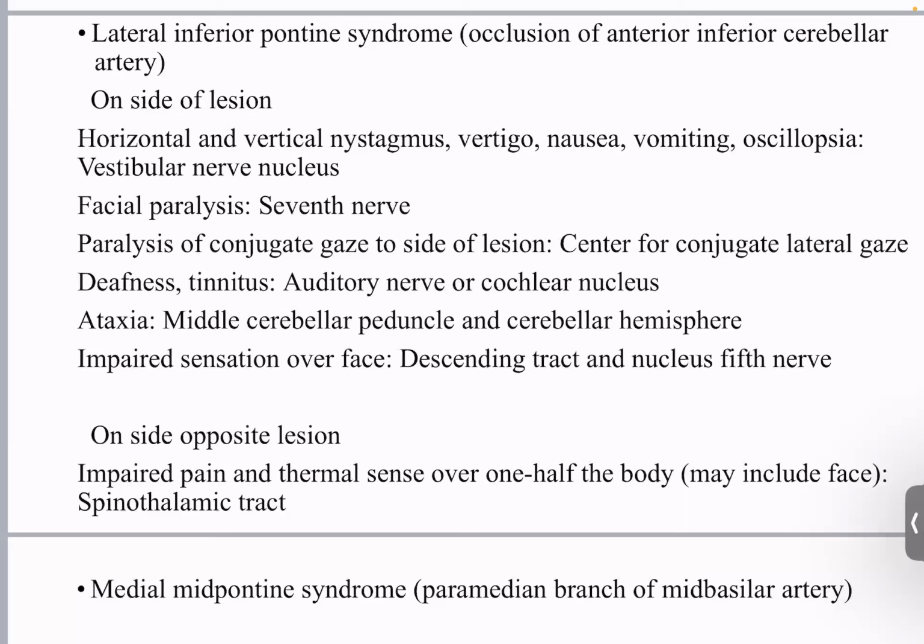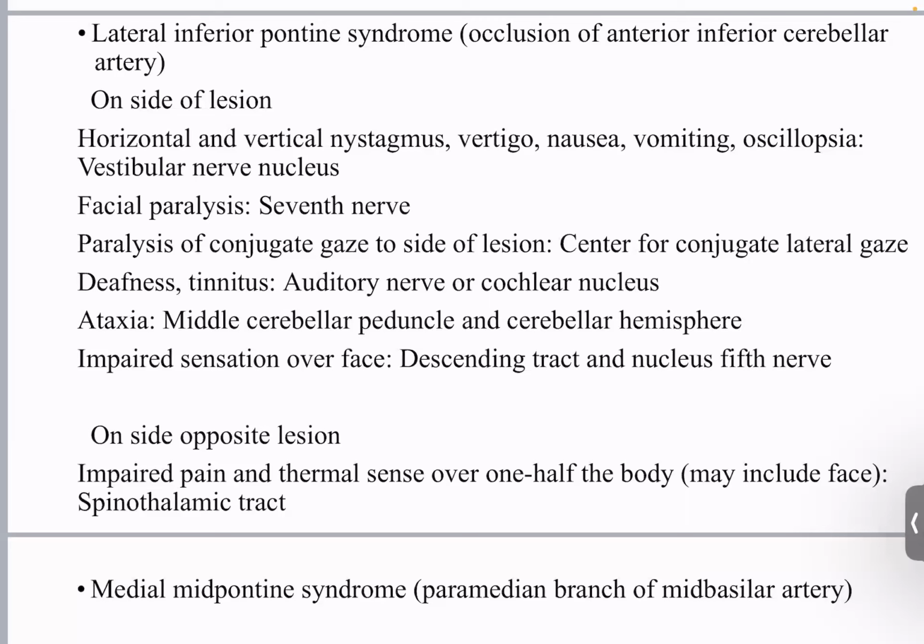So in lateral inferior pontine syndrome, spinocerebellar tract involvement can cause ataxia on the same side, and spinothalamic tract involvement can cause pain and impaired thermal sensation on the other half of the body. Fifth cranial nerve involvement can cause impaired sensation over the ipsilateral face, and sympathetic pathway involvement can cause Horner syndrome.